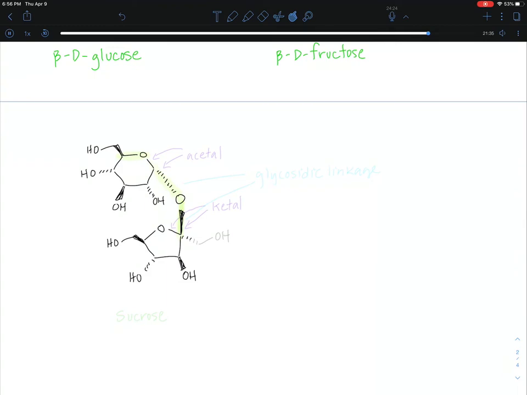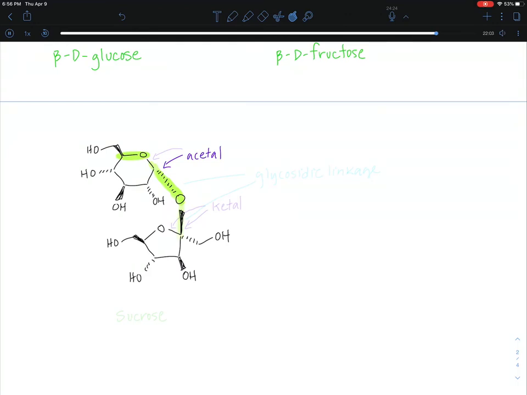And so, where's the acetal? The acetal is here. See? It's two alkoxy groups instead of a hydroxyl group.